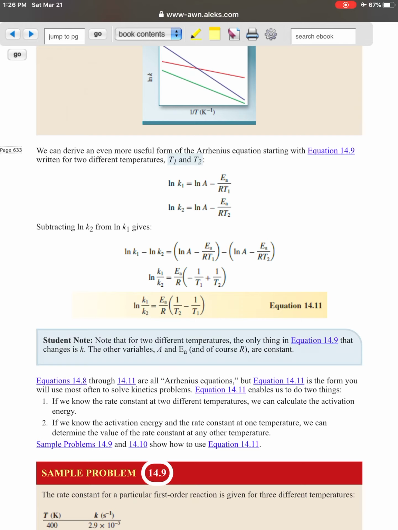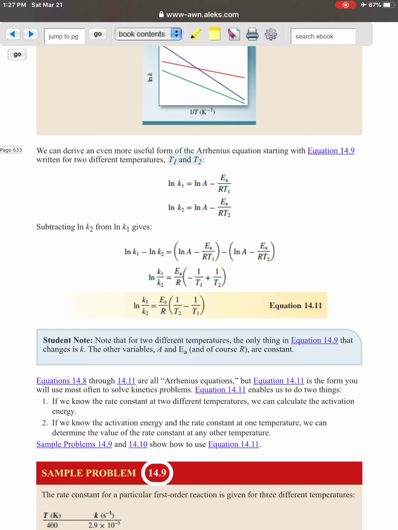We would get that ln k1 equals ln A minus E_A over RT1. So that's the first temperature and the first rate constant. And then ln k2 equals ln A minus E_A over RT2. So that's the second temperature, second rate constant. Remember, it's a constant at the same temperature. But if you change the temperature, the rate constant changes. The Arrhenius constant A doesn't change, but the rate constant k does. That's an important factor. Rate constant depends on temperature.